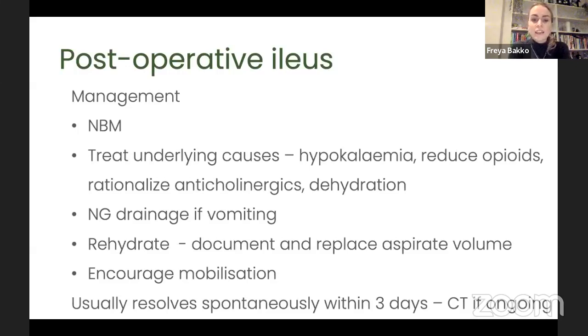Post-operative ileus, as said, is most commonly uncomplicated and will resolve spontaneously within 3 days in most cases. If it doesn't resolve within 3 to 5 days, you want to consider imaging to assess other causes of obstruction.